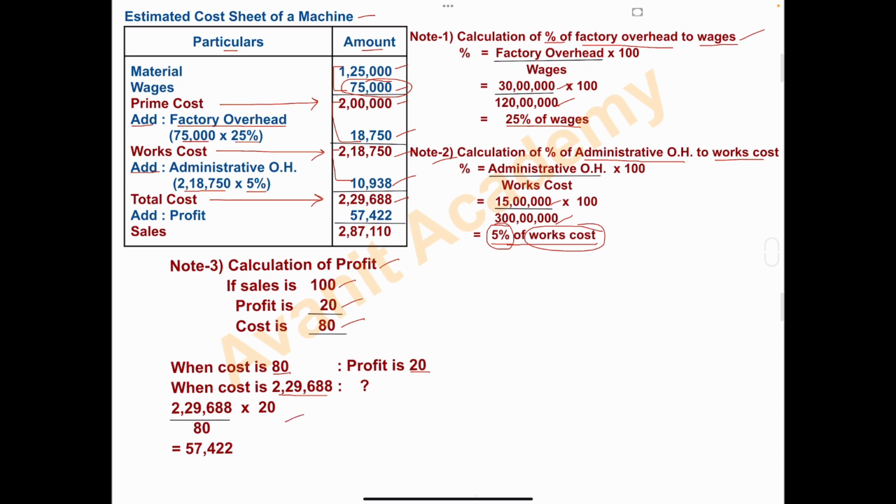And you will get 57,422. This is the profit amount. So in estimated cost sheet, write add profit and the amount is 57,422. Add these two amounts and you will get 2,87,110. This is called sales.